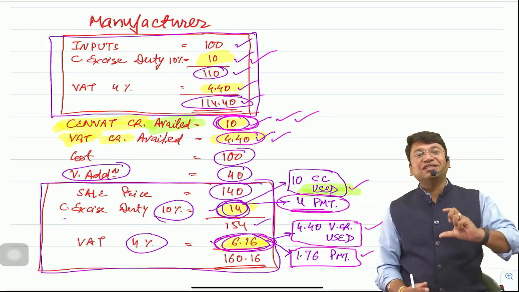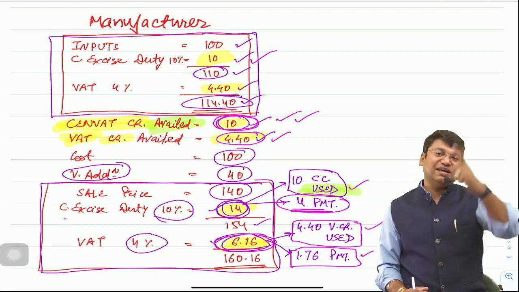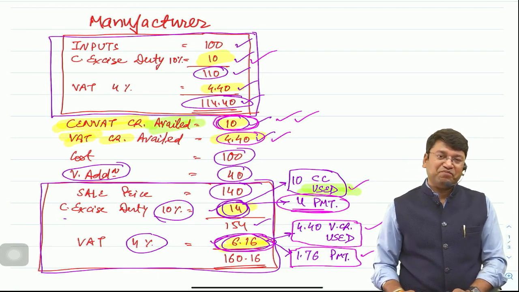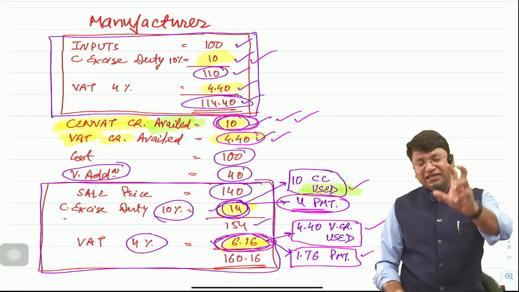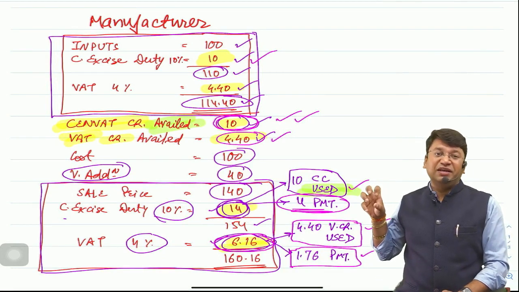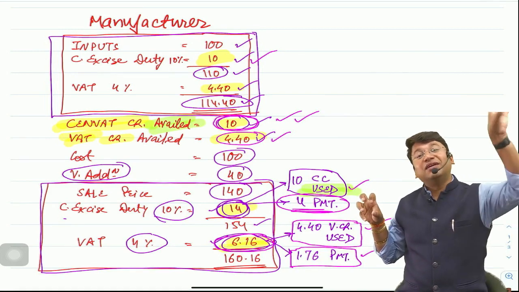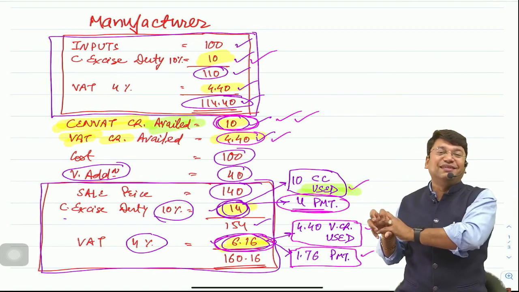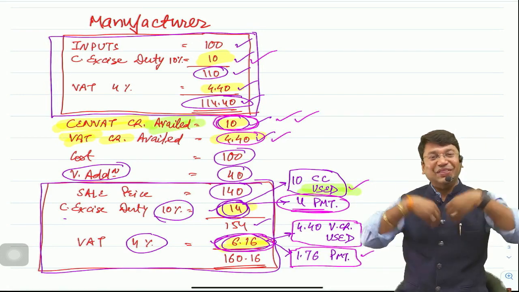Suppose you are having some excess SENVAT credit and you don't have the VAT credit, and you are having excess VAT liability. Can you utilize the SENVAT credit for making payment of VAT liability? Answer is no. Why no?